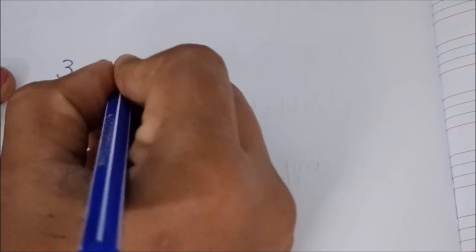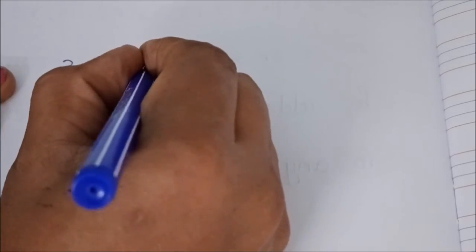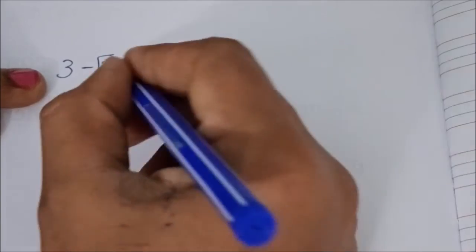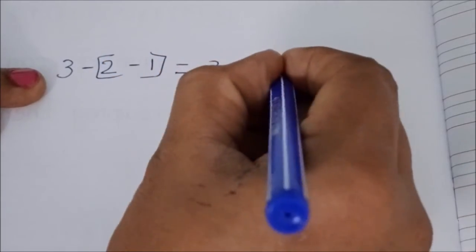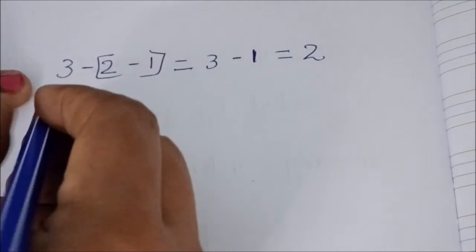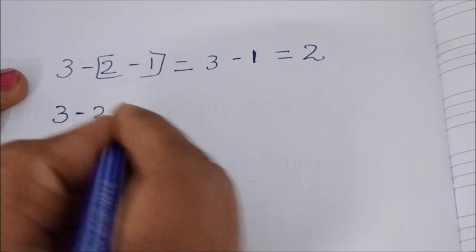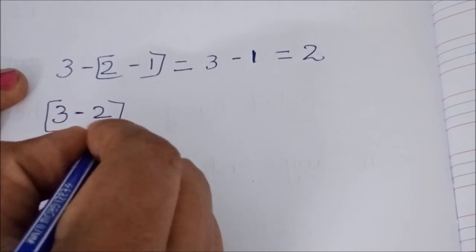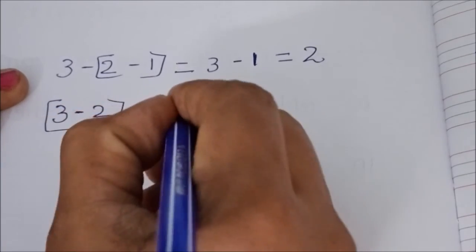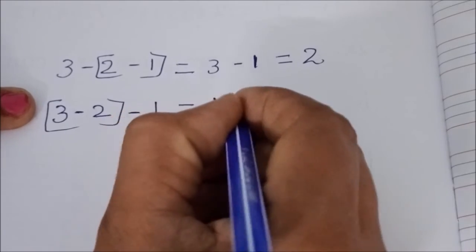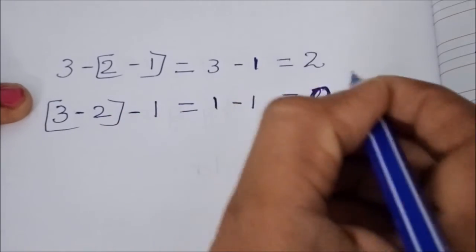We will see an example. 3 minus 2 minus 1 is equal to 3 minus 2 is 1, minus 1 is equal to 2, which is 0. How about if the grouping changes? 3 minus 2 minus 1 is equal to 3 minus 1 is 1, 1 minus 1 is 0.